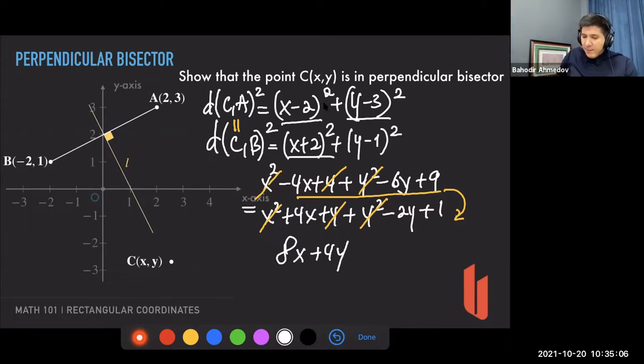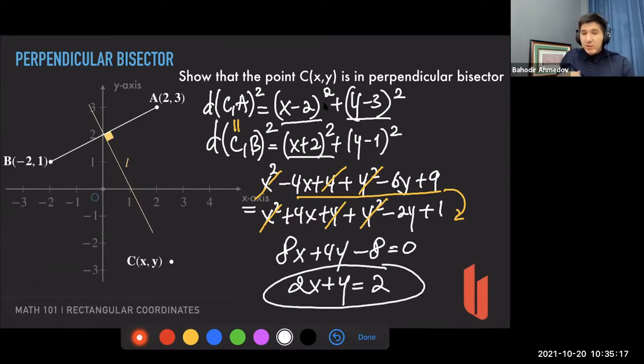Plus 4y minus 8 is equal to 0. I'm just going to divide everything by 4, for example. It's going to be 2x plus y is equal to 2. You see, this is the condition that the x and y coordinates of any point along this bisector should fulfill. This is the law which every point along this line is going to fulfill.